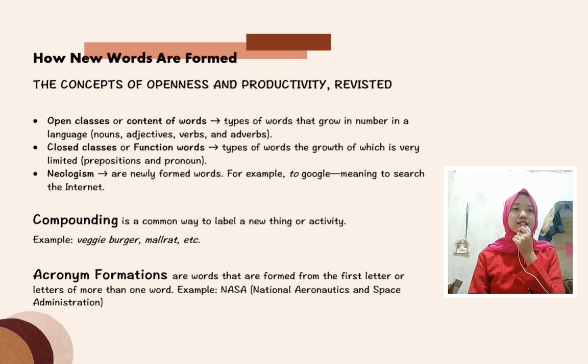Afterwards, the words in the open classes of words are categorized into two types. The first one is simple words and the second one is complex words. Simple words mean the words only have one morpheme. The words such as door, strong, read all have one morpheme.